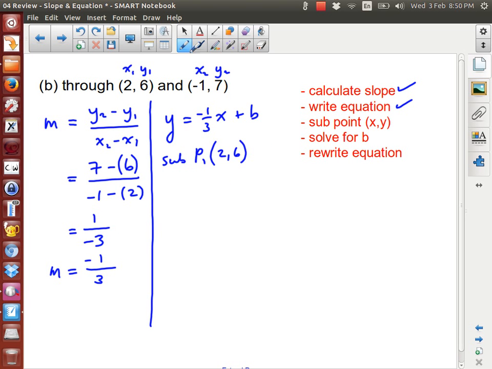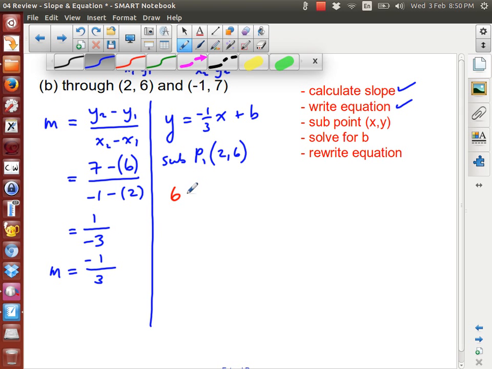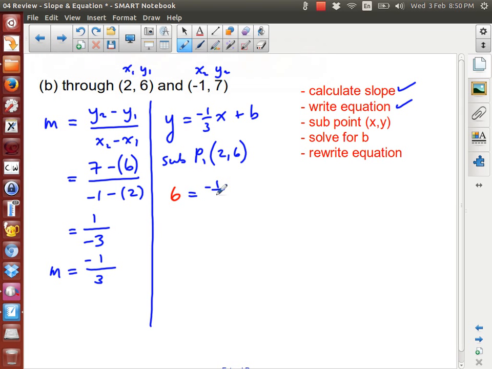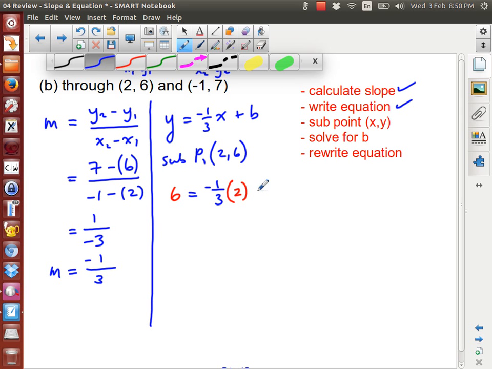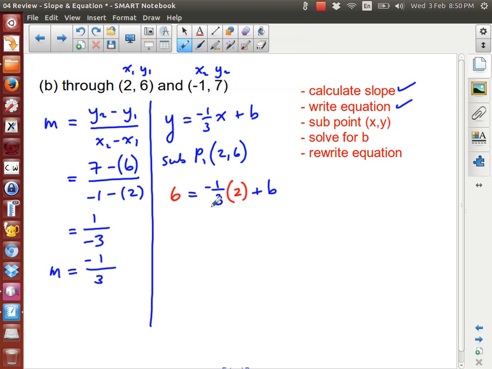And so my y value is actually 6, is equal to negative 1/3 multiplied by, instead of x, it's going to be multiplied by 2 plus b. We're introducing a fraction here. It happens sometimes. We don't always get really nice answers. So I get 6 equals negative 2/3 plus b.